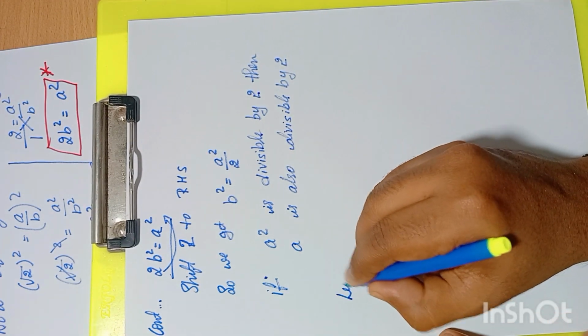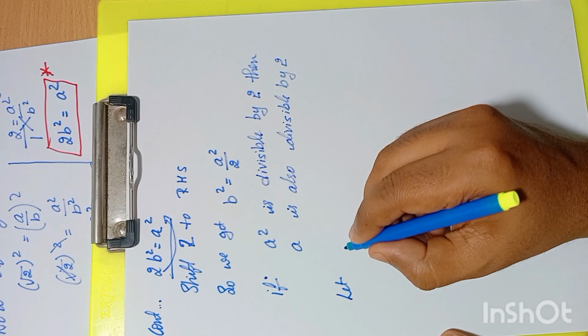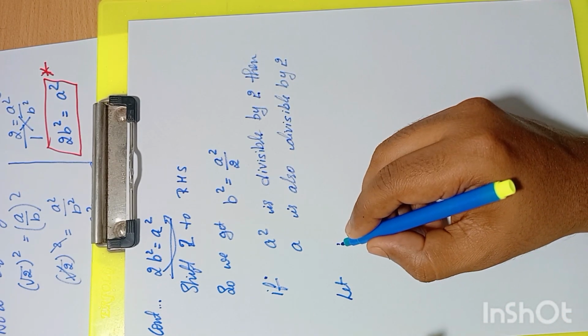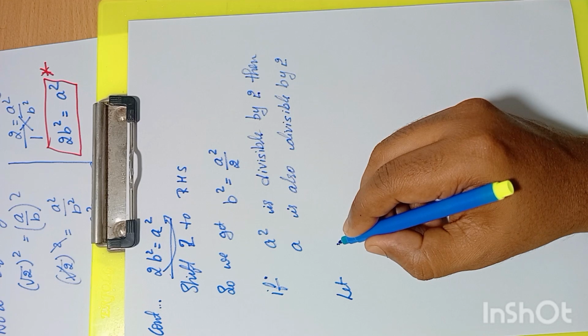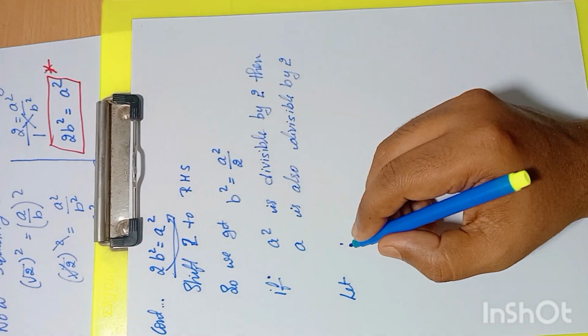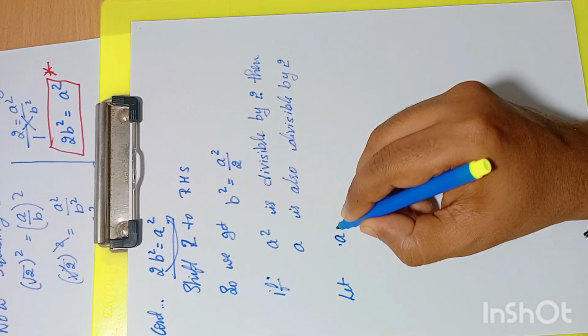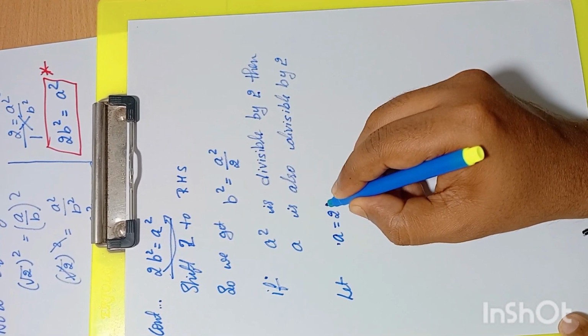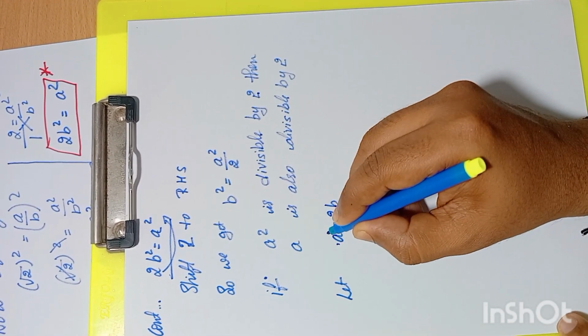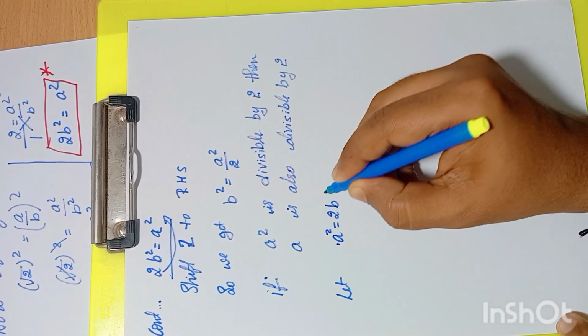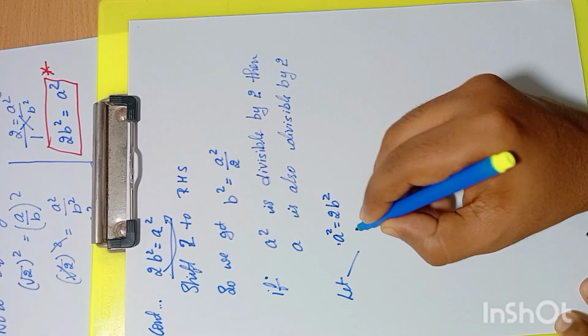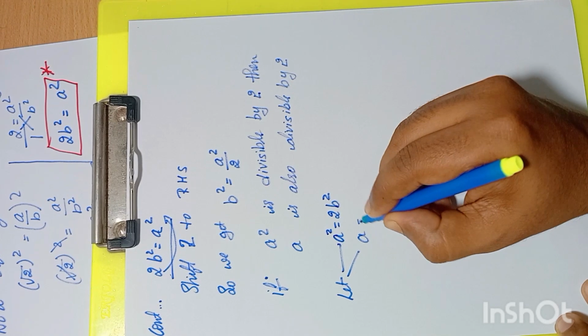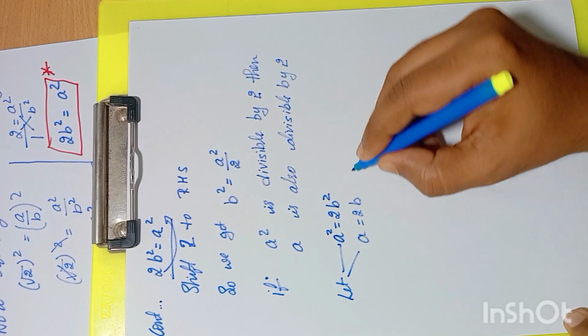Then we will write now a is equal to 2c. A is equal to 2c, but considering before that one, a square is equal to 2b square.